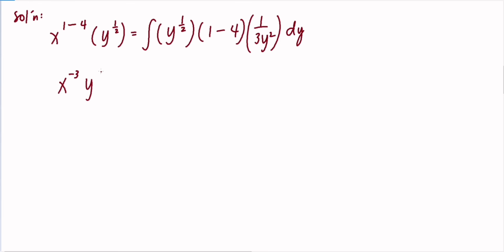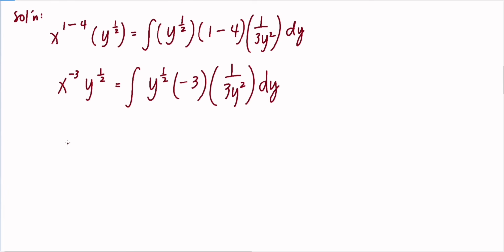And then y raised to 1 half equals, so ito guys, isimplify natin hanggat kaya bago tayo mag-integral. So y raised to 1 half multiplied by 1 minus 4 is negative 3 times negative 1 over 3y squared dy.